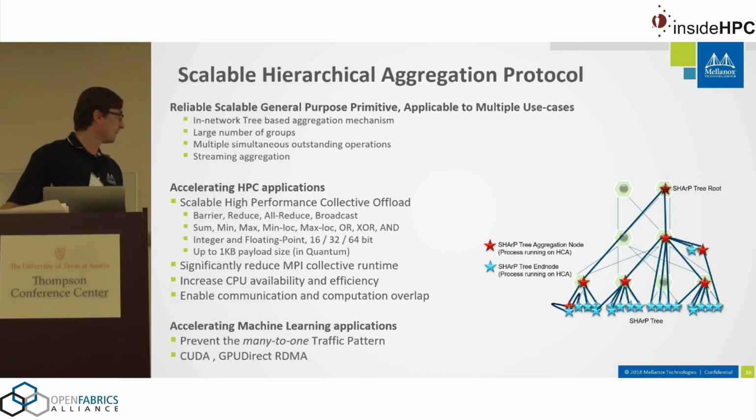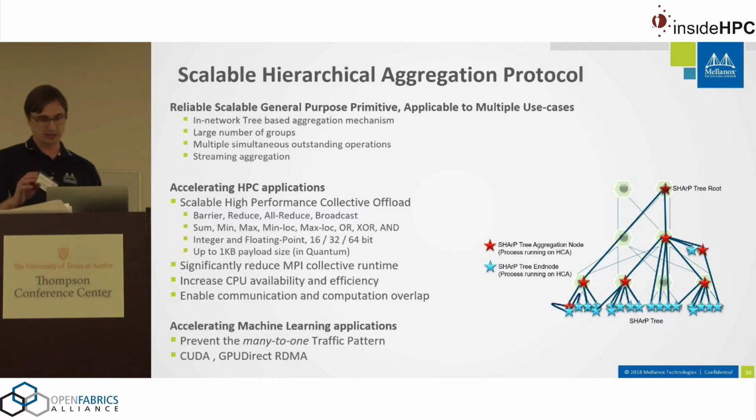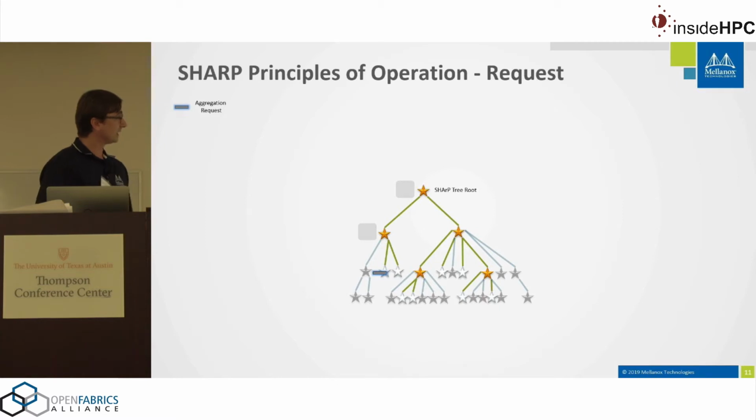That's very interesting, because the Quantum switch with HDR capability has a technology called streaming aggregation tree, which allows us to push very large messages onto the network. For accelerating machine learning applications, we also support CUDA, and we have a technology called GPUDirect RDMA, which I will talk about shortly.